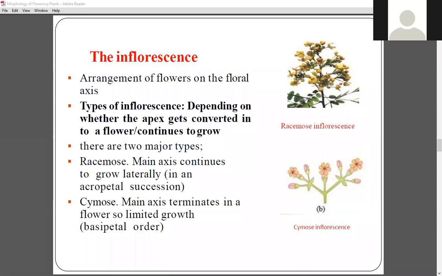There will be no termination observed. So the main axis continuously grows. The inflorescence in which the main axis, that is the main stem responsible for bearing all the flowers present in the plant, continuously grows, that type of inflorescence is known as racemose, and that type of succession is said to be the acropetal succession.